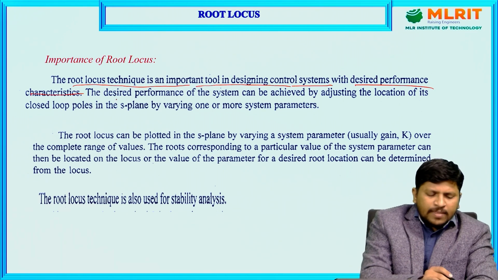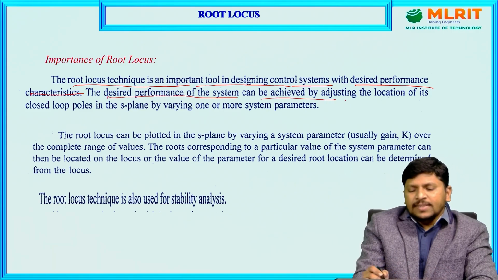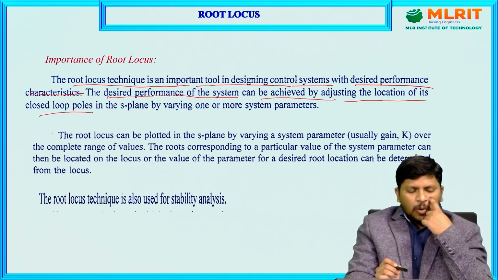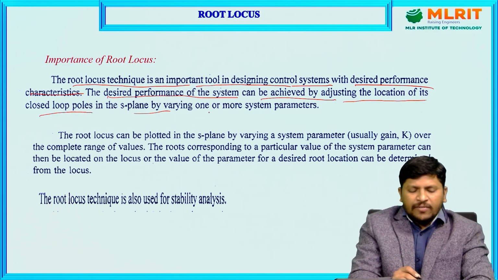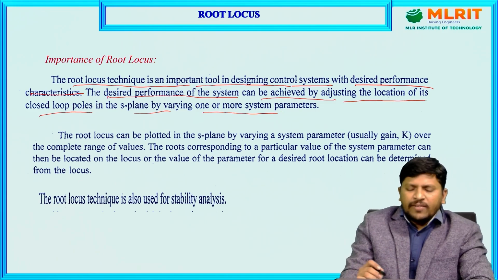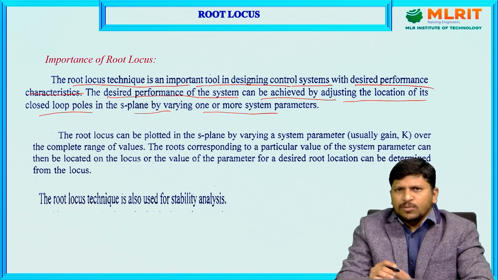Okay, see here, the desired performance of the system can be achieved by adjusting the location of its closed loop poles in the S plane by varying one or more system parameters. By varying the system parameters, we are going to adjust the poles on the S plane to get the desired performance of the system.